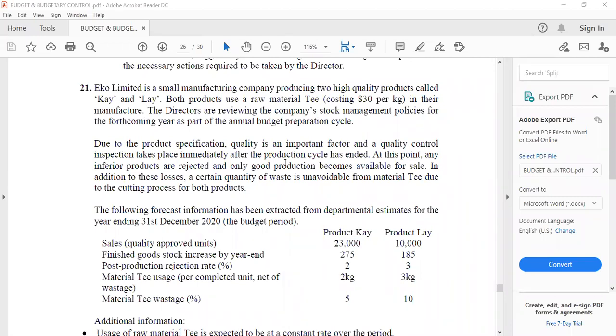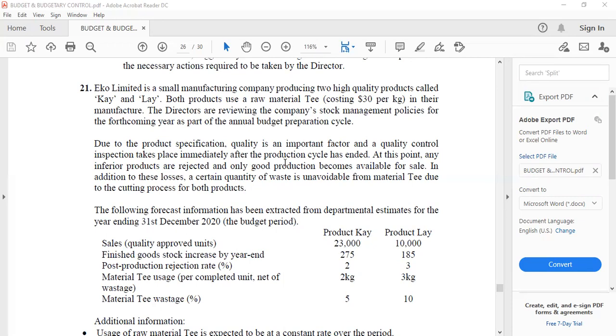The directors are reviewing the company's stock management policies for the forthcoming year as part of the annual budget preparation cycle. Due to the product specification, quality is an important factor, and a quality control inspection takes place immediately after the production cycle has ended.